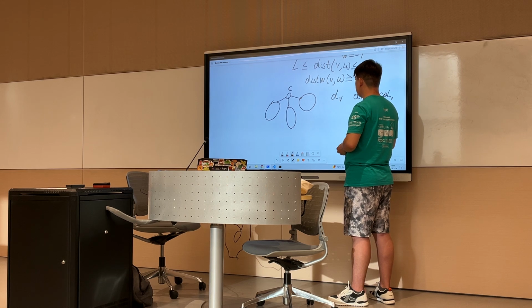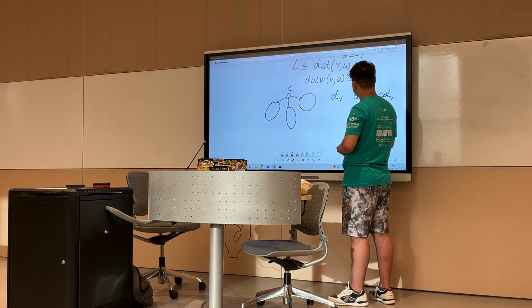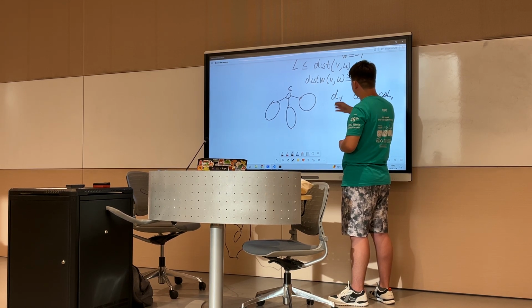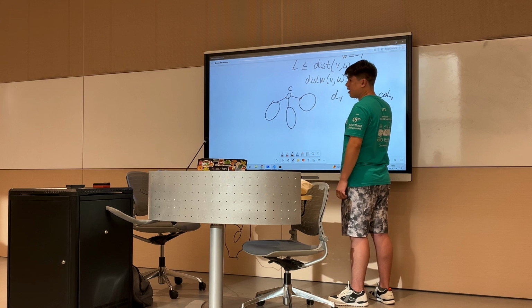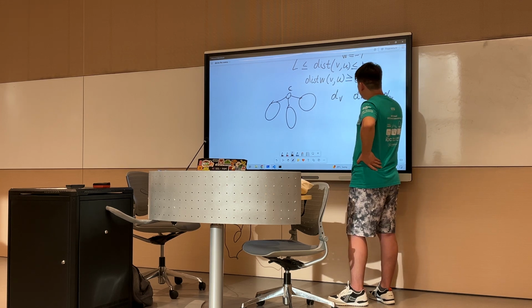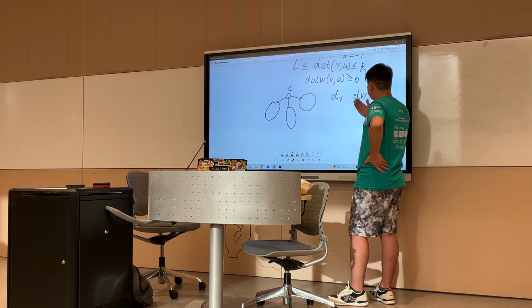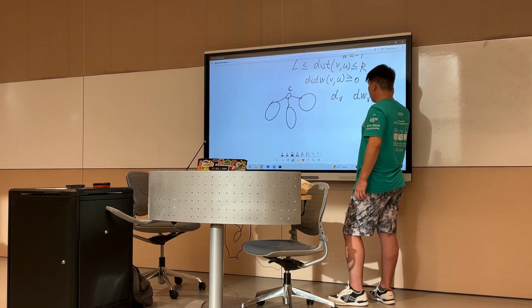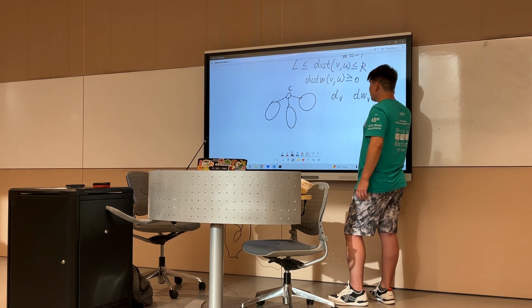Okay, and we need to know, is there some pair whose colors are different, and the sum of their distances by edges lies on the segment from L to R, and the sum of their distances by weight is at least 0.